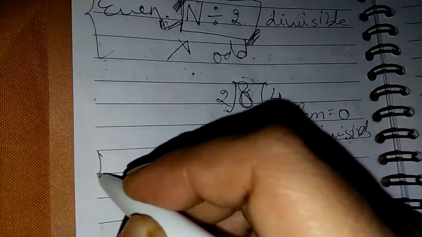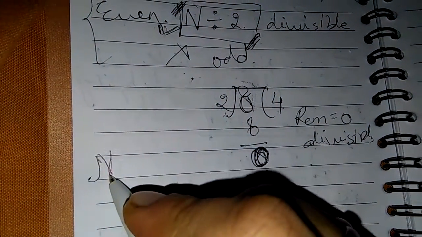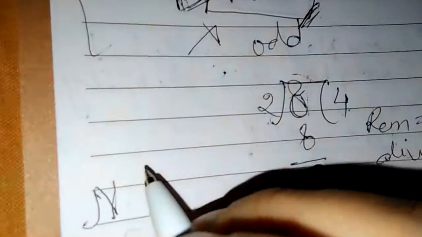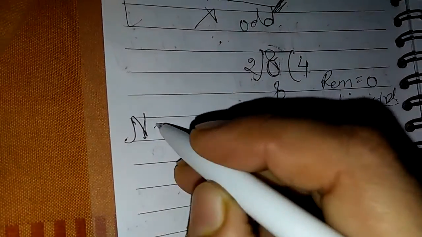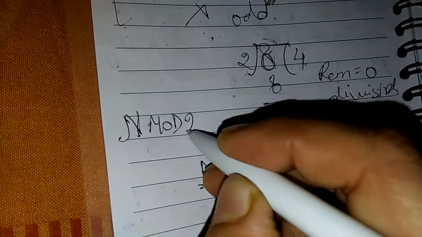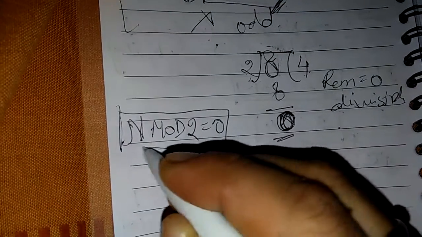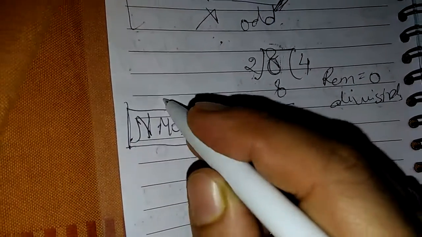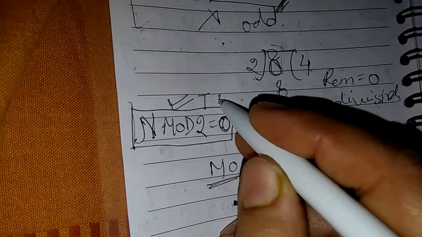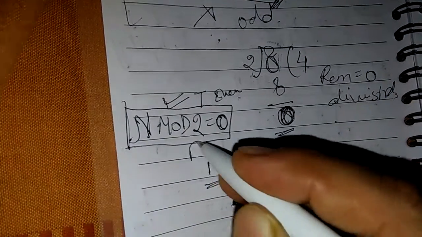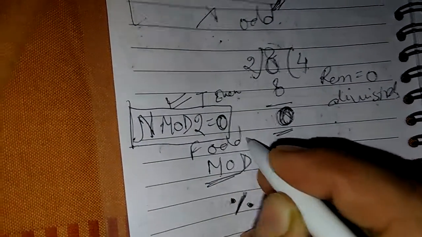For any number n, I'll check whether n mod 2 is 0 or not. If this condition is true, then the number is even. False, then odd.